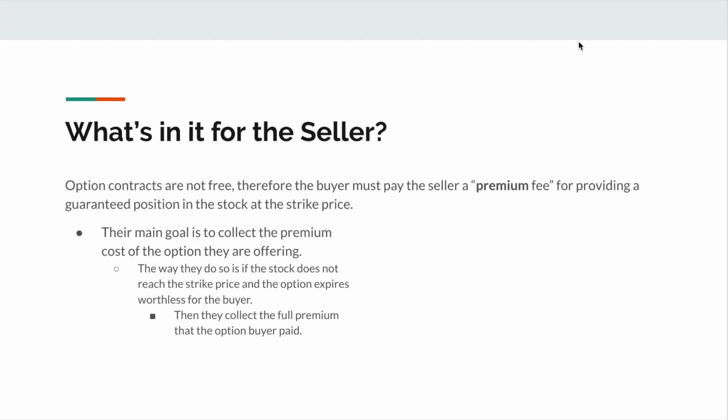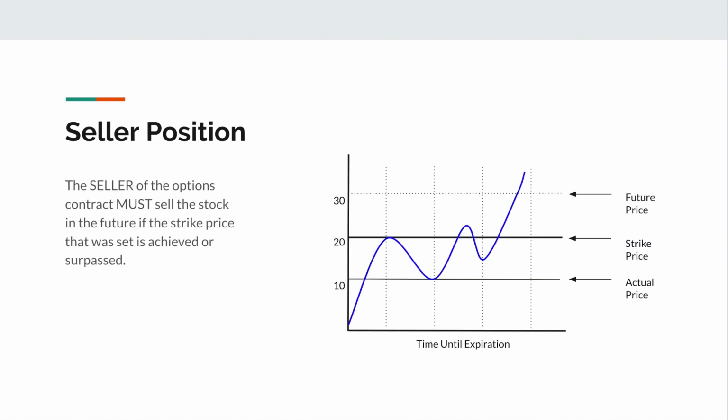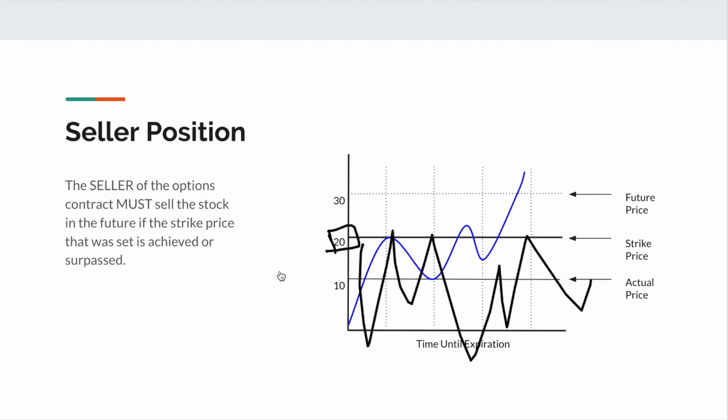And the way they collect the full premium is if the stock stays below the strike price. So if they give you the option to buy the stock at $20 and the stock never reaches $20, and you paid them $50 for this contract, that means they will collect your full $50 and walk away with that profit.